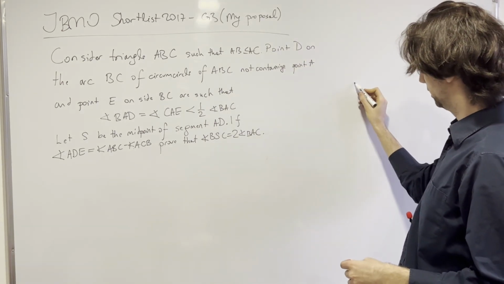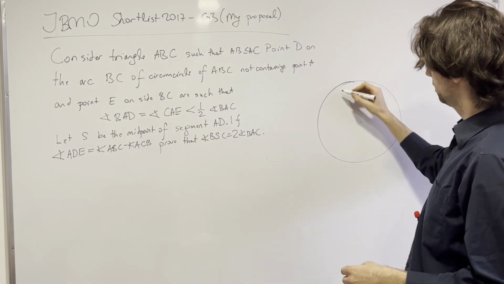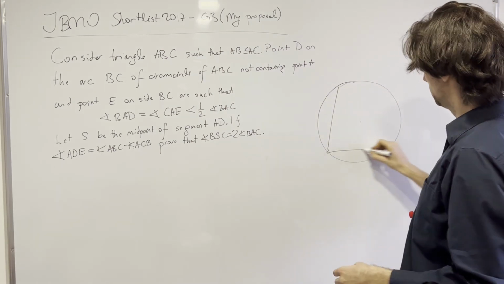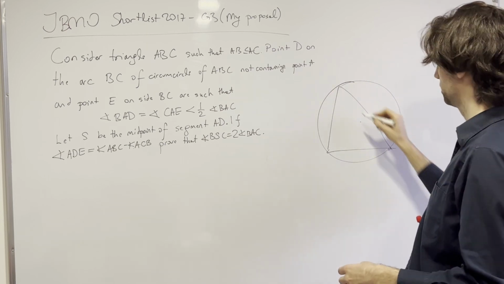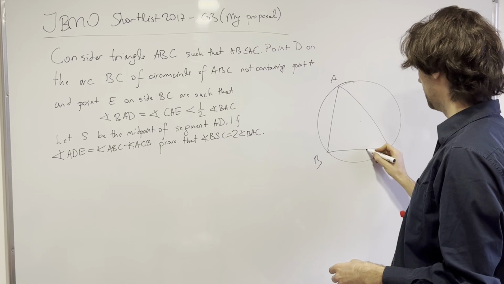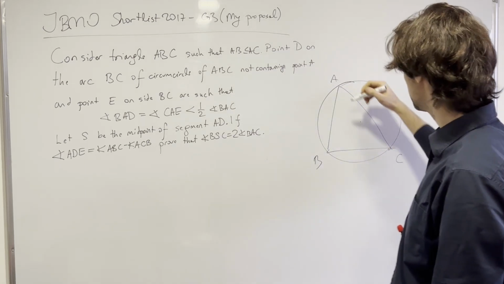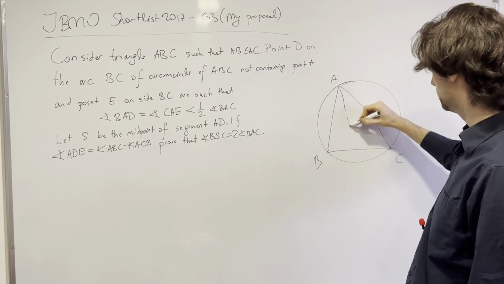So let's actually draw this circle. What do we have? We have A, B, C. And we have points. So E is here. CAE is less than half of this.